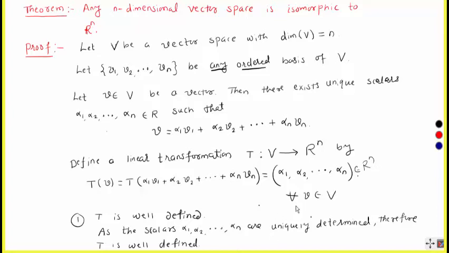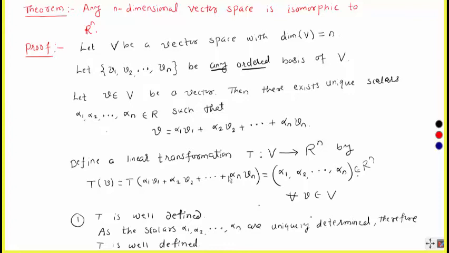Okay. Then we have defined this linear transformation T from V to Rn in this way. So for all v belonging to V, we have to prove that T is well defined. As the scalars alpha 1, alpha 2, ..., alpha n are uniquely determined, T is well defined. Means what?